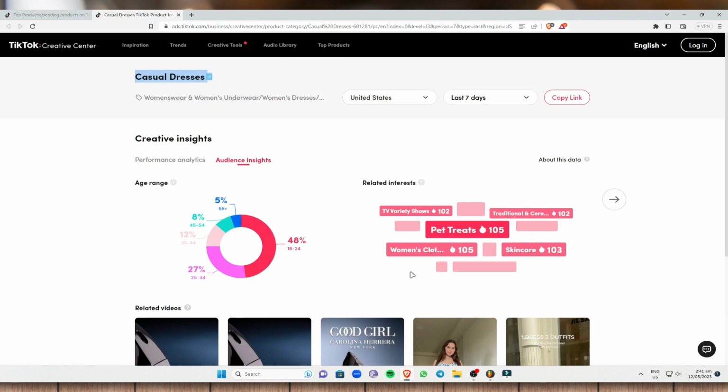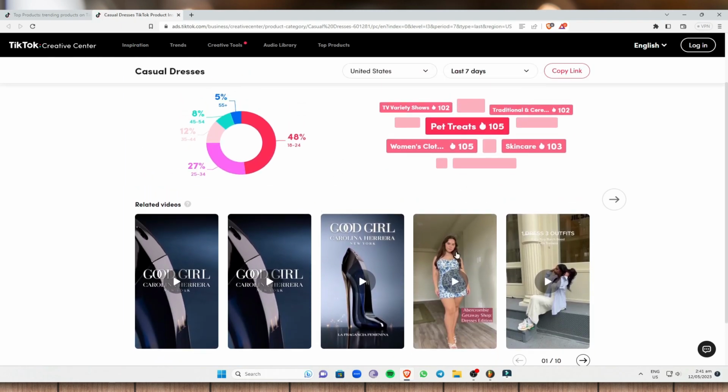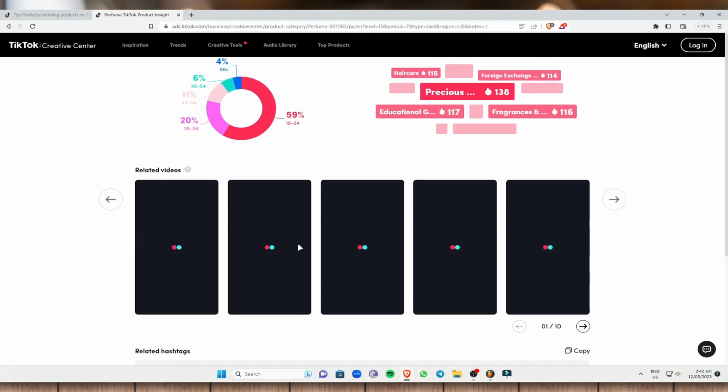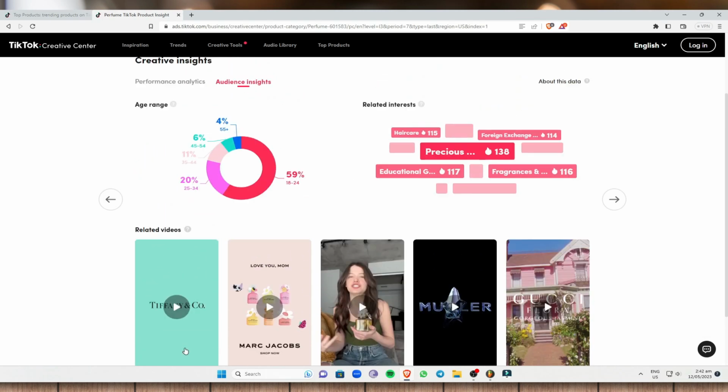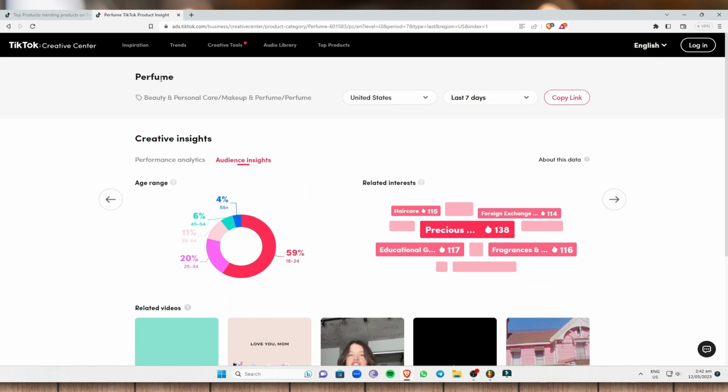So as you can see, you can actually see this, and this is very helpful for you to know what are the age ranges that a certain product will have a lot of interest with. So as you can see, once I scroll down right here, we also have some related videos for us to see. So just look into that right about now, and these are the related hashtags right here. So right now I'm in perfume.